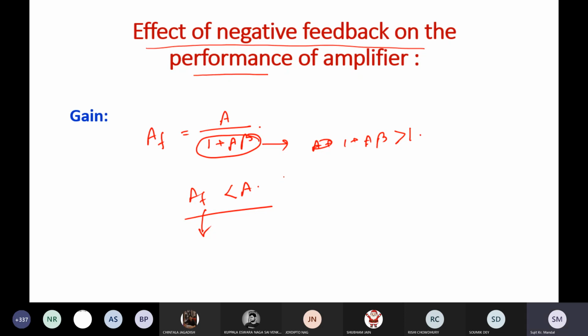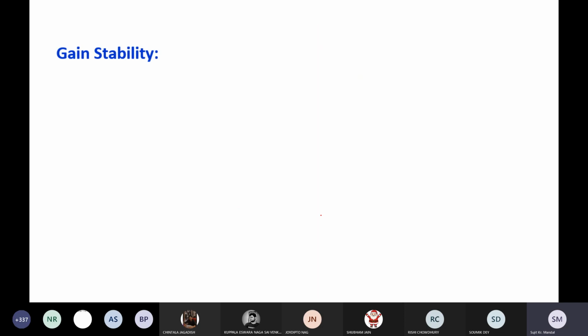So this is just one drawback in negative feedback. It just reduces the gain. Okay. But now let us see what other advantages we can realize with negative feedback.